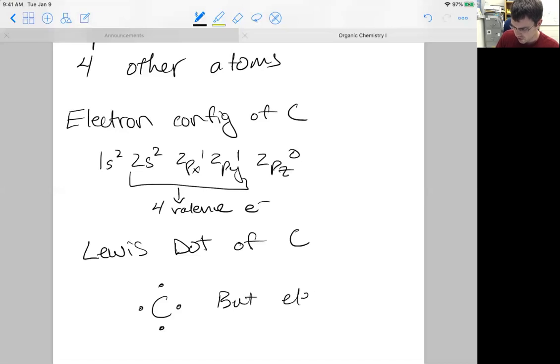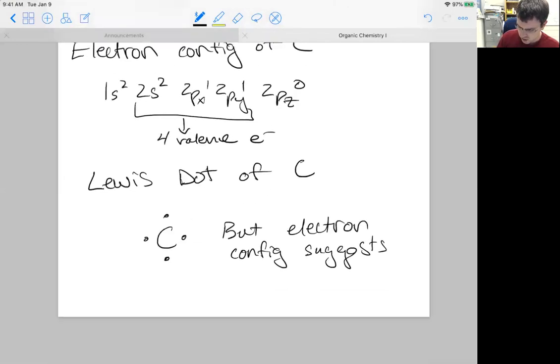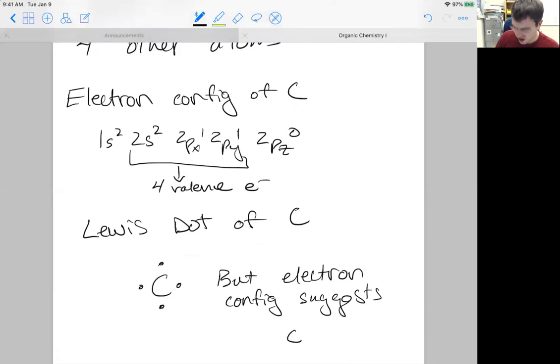The electron configuration suggests something else. It suggests that 2 of the electrons are paired up in the 2s2, in the 2s orbital. And then we have 2px1 and 2py1.